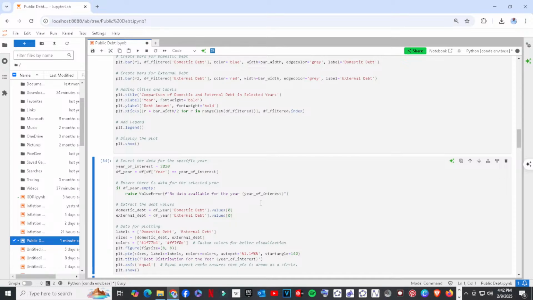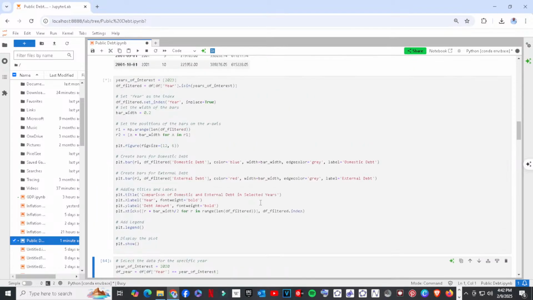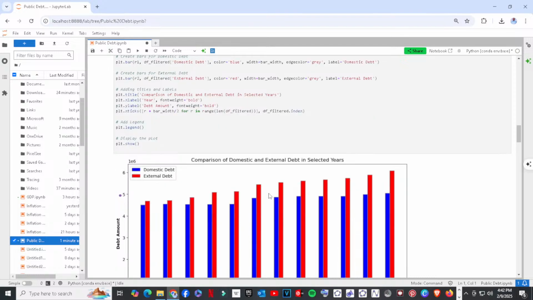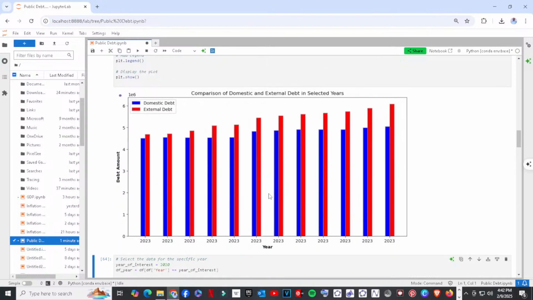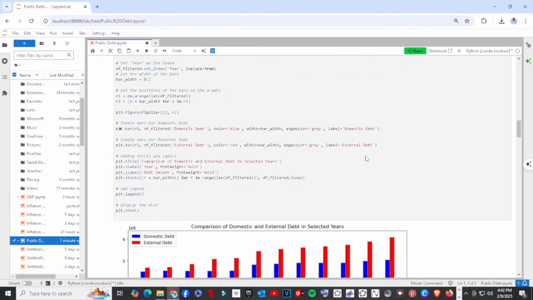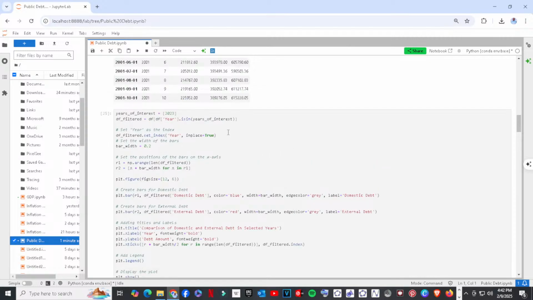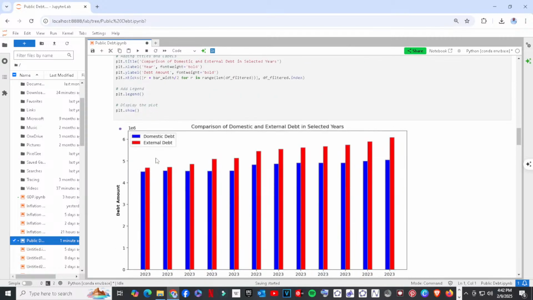Now, for us to see clearly, I don't want to mix the years. I'm referring to the year 2023. External debt is shown in red.